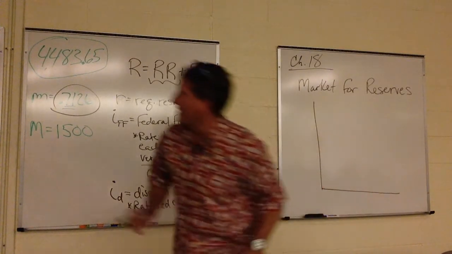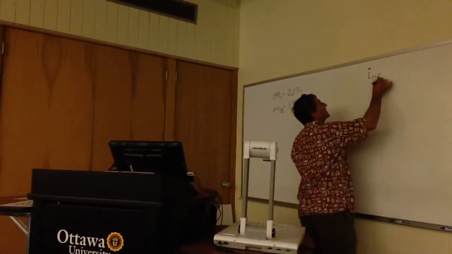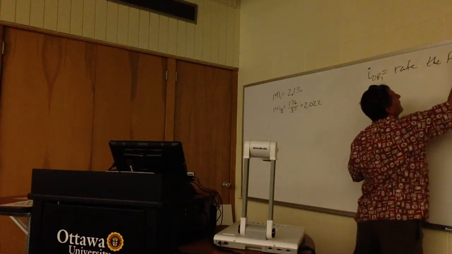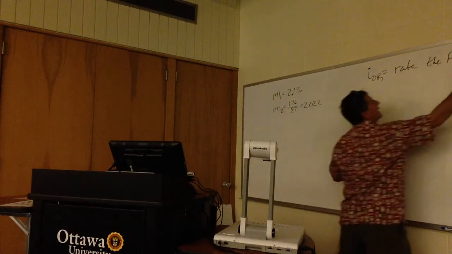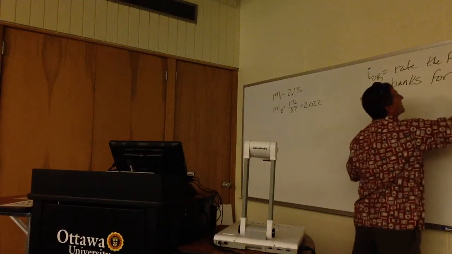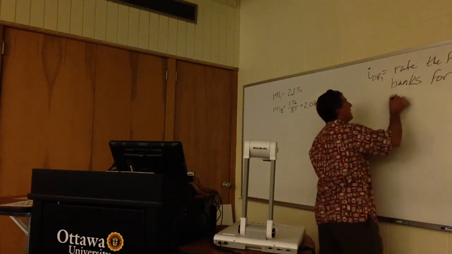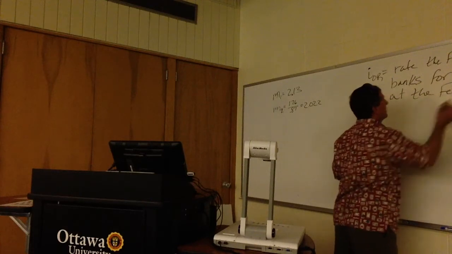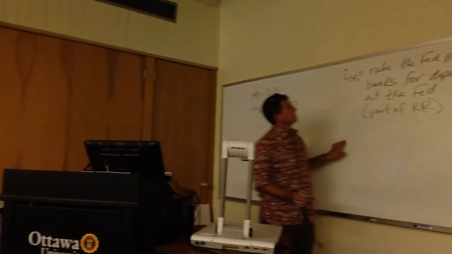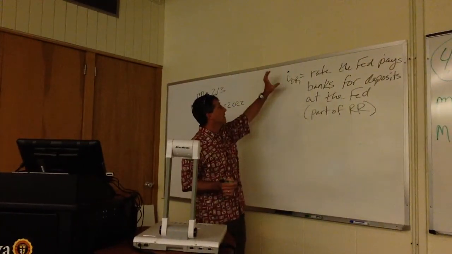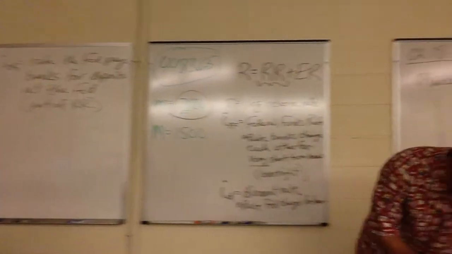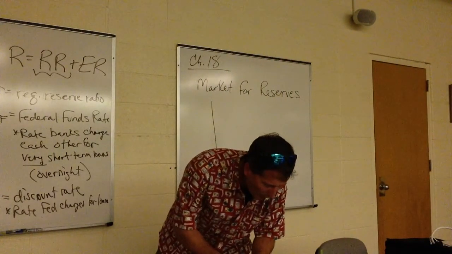I can't quite see it, but I'm pretty sure it's IOR. This is the rate the Fed pays banks for deposits at the Fed, and we'll put in parentheses that this is part of required reserves. It's the reserves payment, and I can't remember what the O is. That's why I think it's OR.